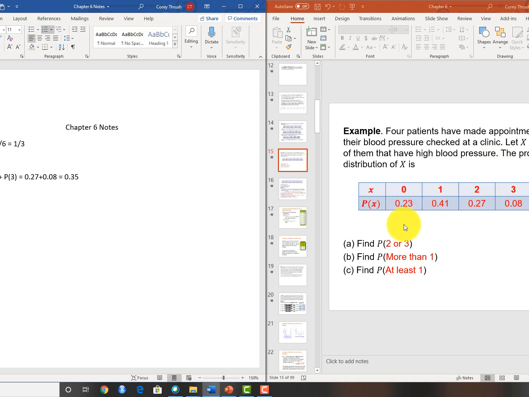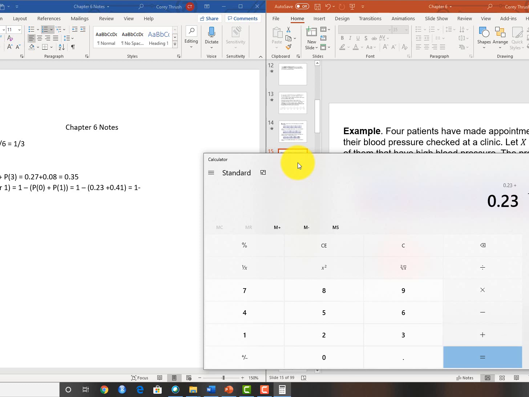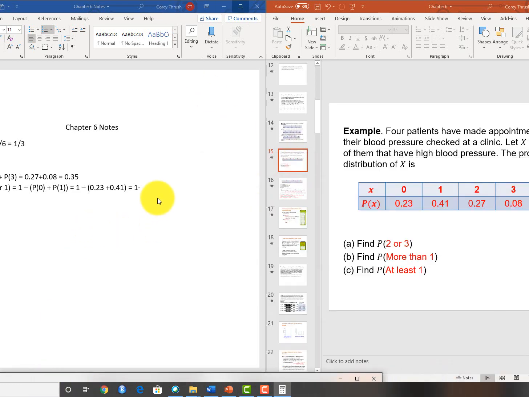You could do 1 minus probability of 0 or 1, and that's 1 minus probability of 0 plus probability of 1, and that equals 1 minus 0.23 plus 0.41, and that equals 1 minus, let me bring up the calculator, 0.64, and that equals 0.36.